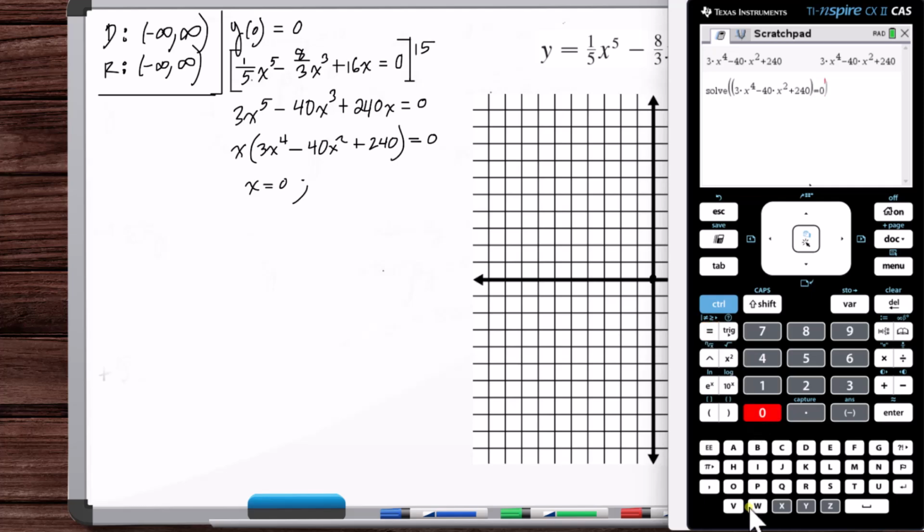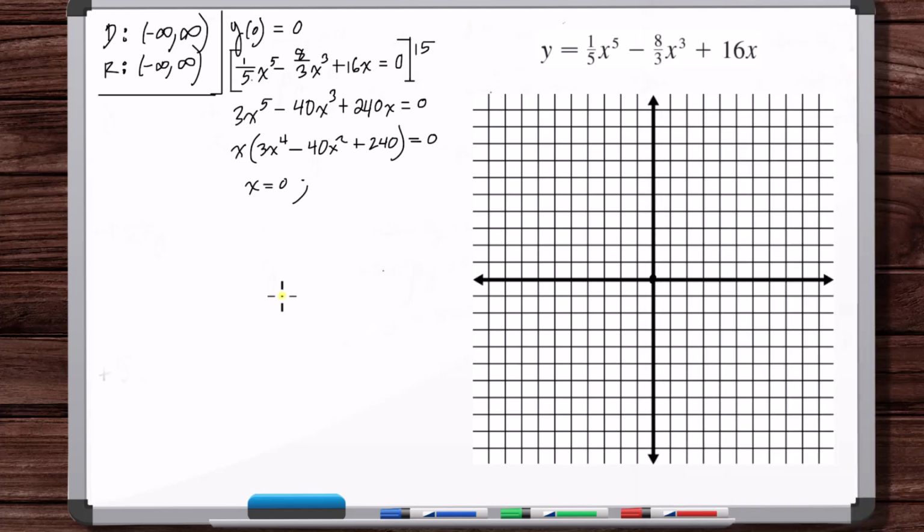Solve this equal to 0 for x. Okay, there's no solutions. So there's no solutions to this equal to 0. So this is the only x-intercept.